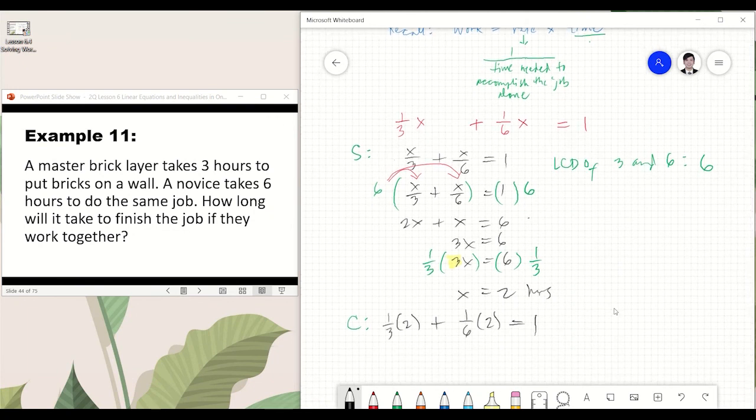So, I will just keep the checking part, but it will turn out to be 1 as well. And we can come up with a final answer that they can finish the job in 2 hours. There you go.